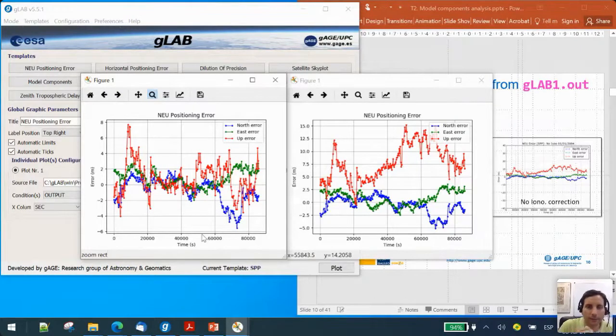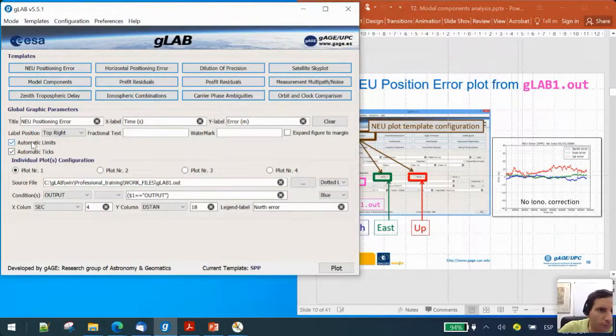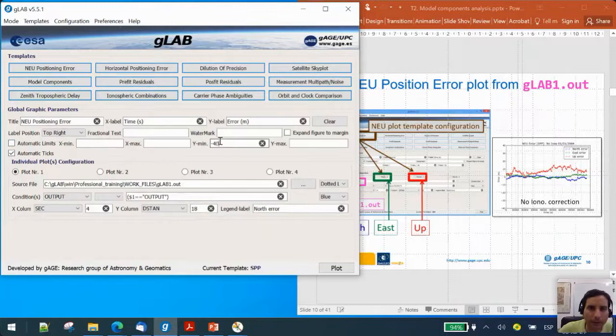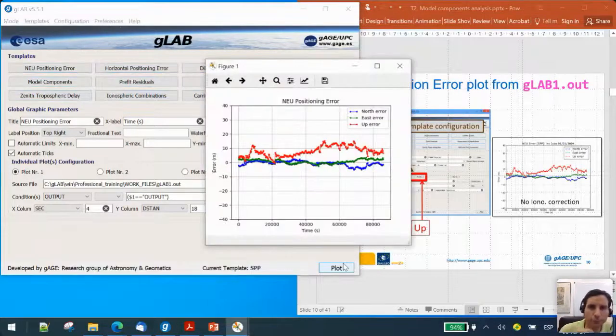We can see that we have a different result. If you want to follow strictly the tutorial, we can set the exact scale from plus minus to 40, and then we will get the result of the slides. Again, this is to show that the plots can dramatically change from one scale to another.